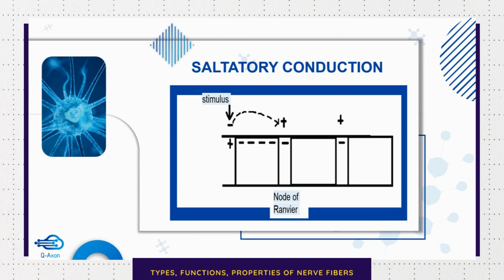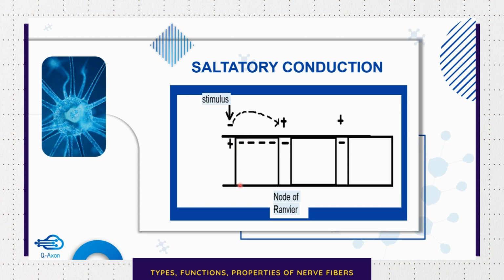On the other hand, if you look at saltatory conduction in a myelinated nerve, what is the difference? So this is the point where you have applied the stimulus, so it is depolarized, whereas the rest of the axon is still in resting membrane potential or the polarized state.